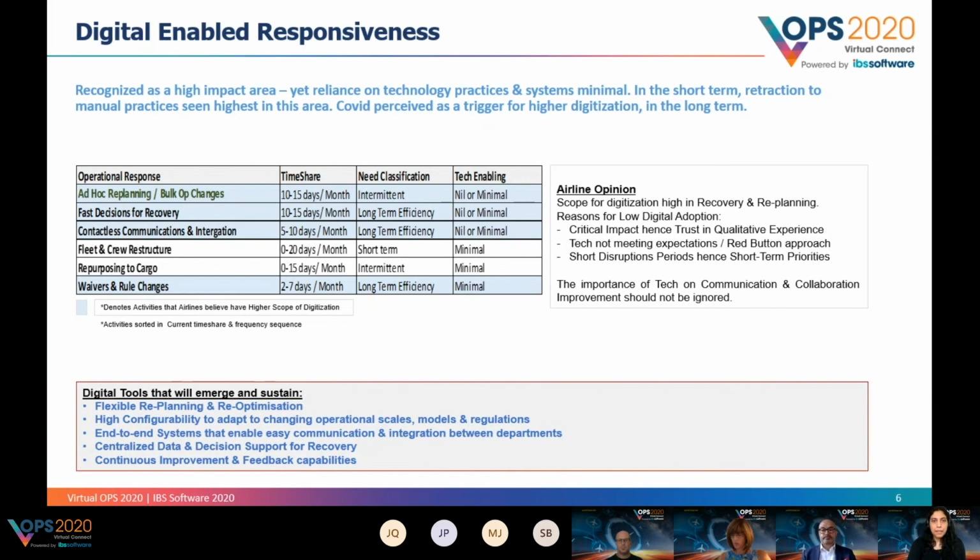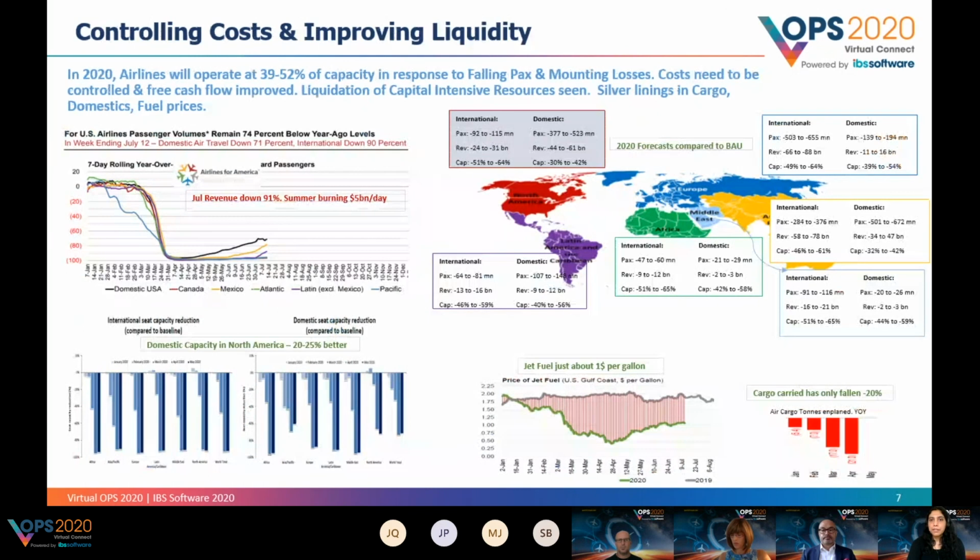On to the second priority, that is controlling costs and liquidation of highly capital intensive resources so that there is more fluidity of cash.